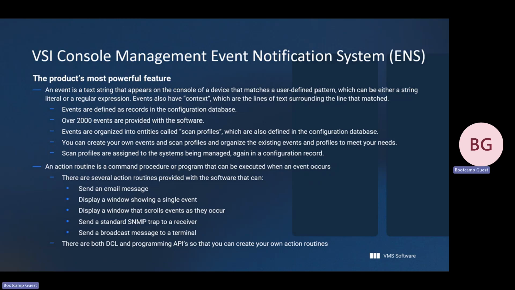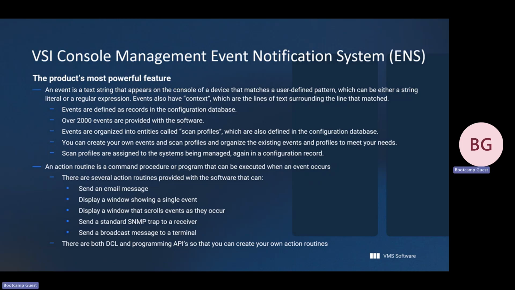Next, action routines. An action routine is a command procedure or a program that can be executed when an event occurs. We've got a fully published API for both DCL and programming, so you can do whatever you want with it, because we're going to hand you all the information about that event, and then you decide what to do with it.